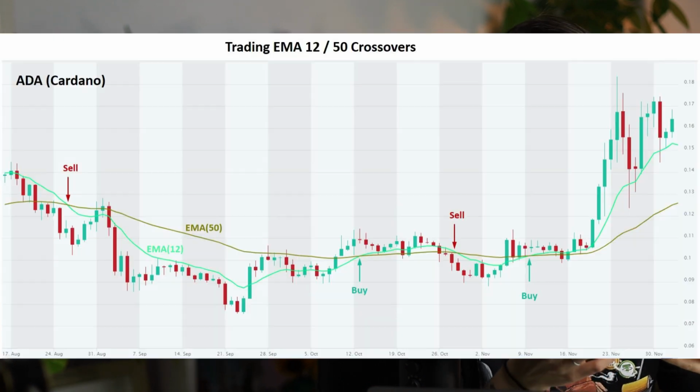For example, if the short-term moving average, say the 20-day moving average, crosses above the long-term moving average, for example the 50-day moving average, this is considered a bullish signal and traders might consider buying the asset. Conversely, if the short-term moving average crosses below the long-term moving average, this is considered a bearish signal and traders might consider selling the asset instead.